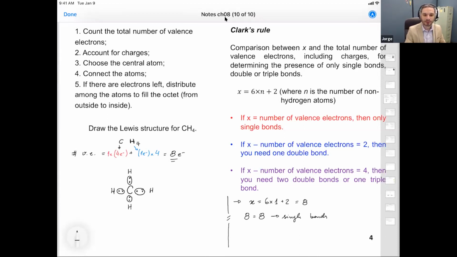Now let's count how many electrons each element has and see if we filled up the octet or we filled up the duet for each hydrogen. Each covalent bond means that the two electrons belong to the two elements involved in the bond. So if we count the number of electrons that hydrogen got is 1 and 2.